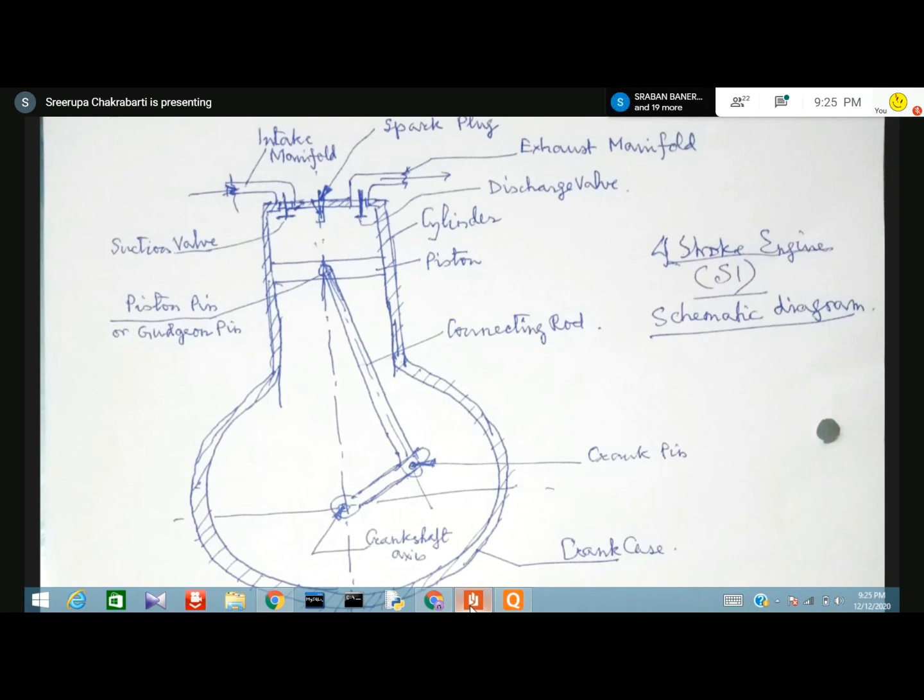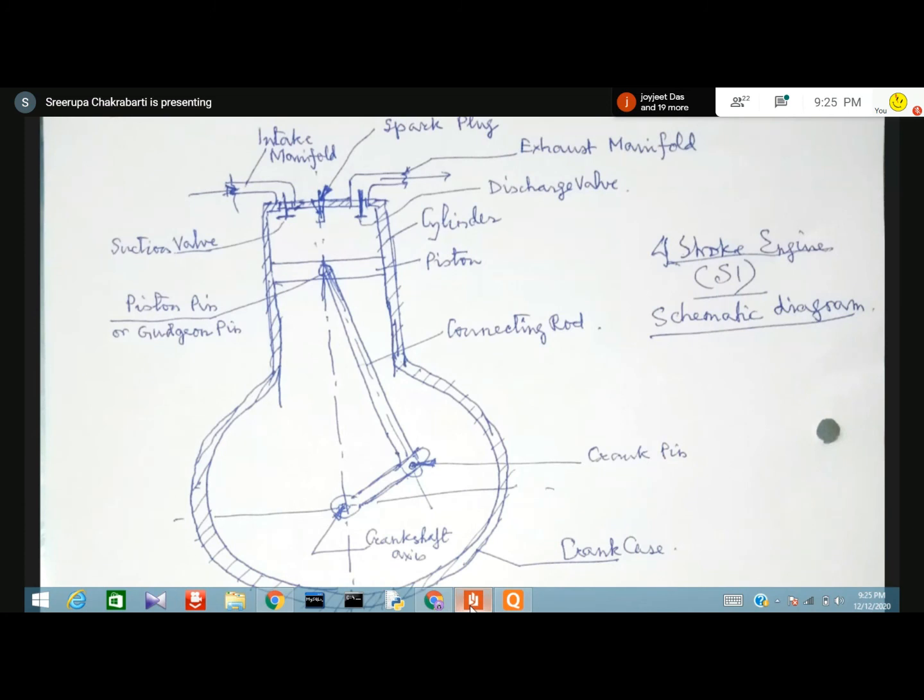And because the compression ratio is less, the power generation is less. You see, the thermal efficiency is a function of the compression ratio, RC. For the Otto cycle, 1 minus 1 by RC to the power gamma minus 1, that is the expression of the thermal efficiency.